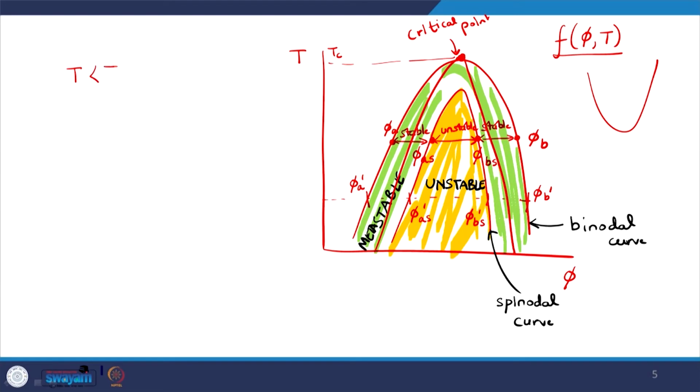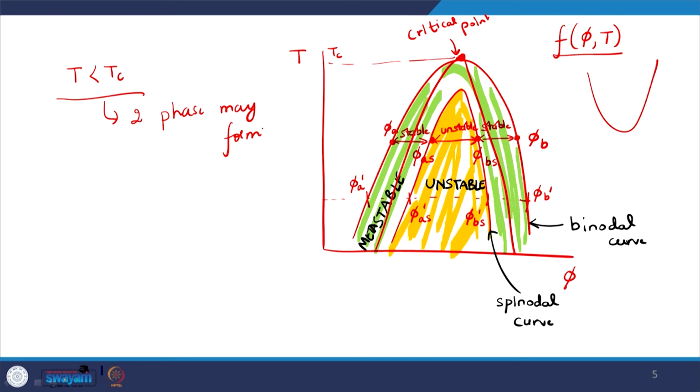This is actually a definition of the critical point, right? And the reason why it is important is because if I am working at a temperature less than Tc, then only can we see two phases forming, provided that other conditions are being met. Let us say if we are in the proper regime in the diagram, then two phases may form.